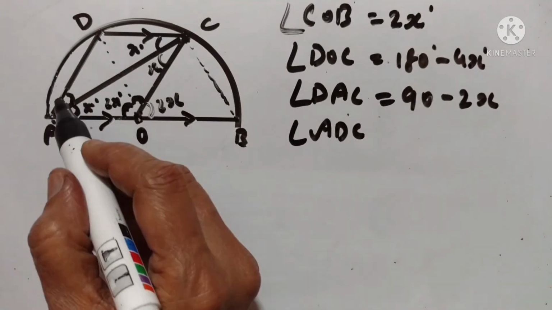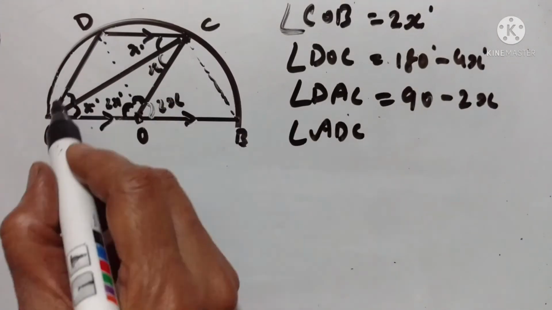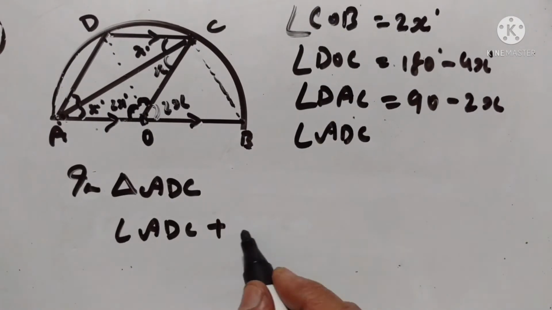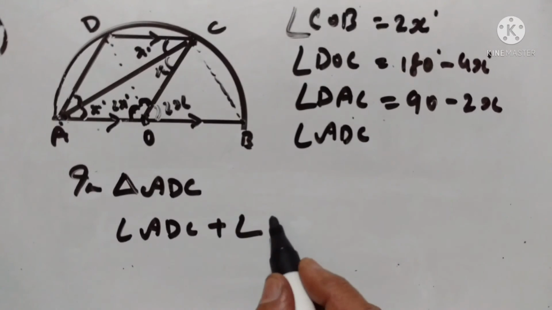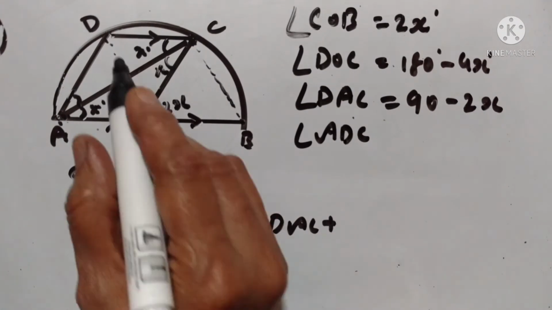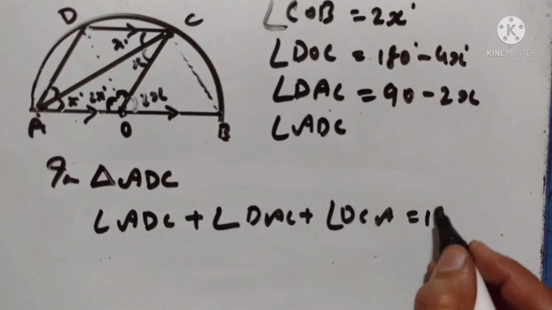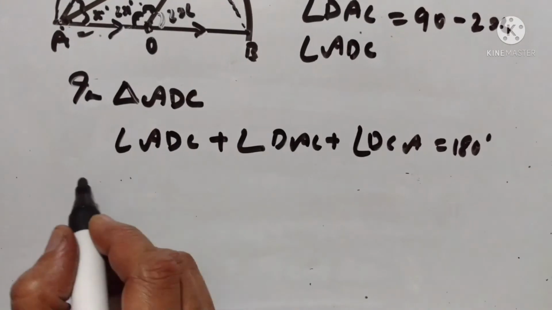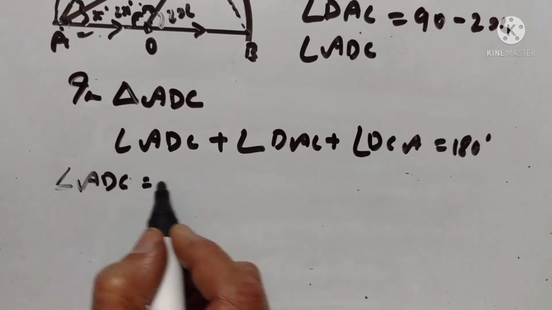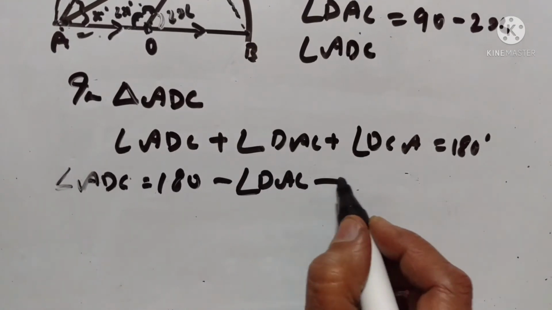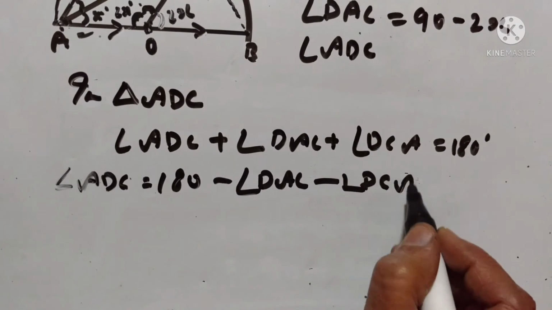Now we have to find angle ADC. In triangle ADC, angle ADC plus angle DAC plus angle DCA is equal to 180 degrees. So angle ADC is equal to 180 minus angle DAC minus angle DCA.